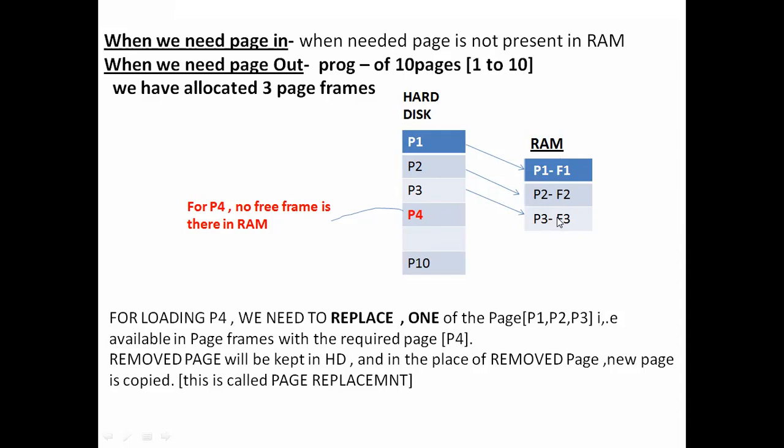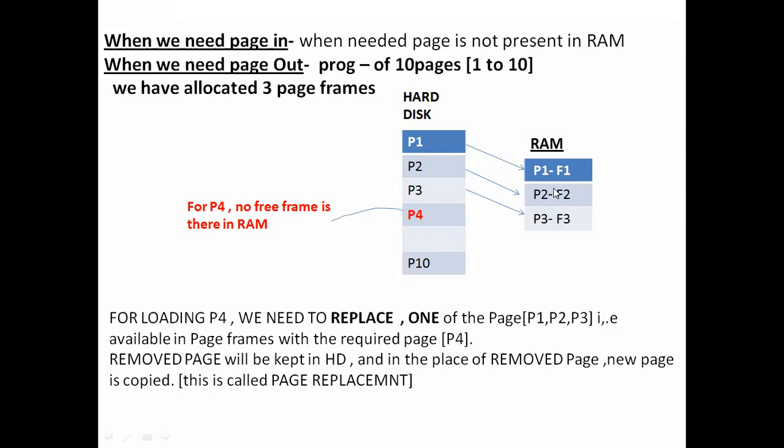Because we have only 3 frames, and all of them have been occupied by page 1, page 2, and page 3. Hence, for moving the P4 page from hard disk to main memory, we don't have any empty frame. So what to do now? How to place this P4 page in the main memory?